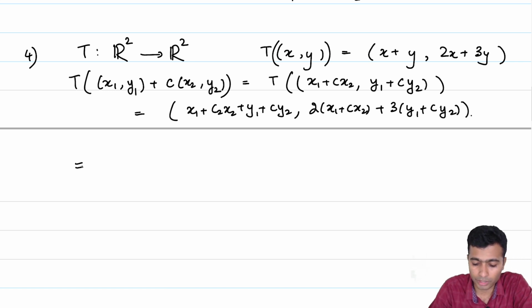We want this to be T of x1 y1 plus c times T of x2 y2. That is what we want.